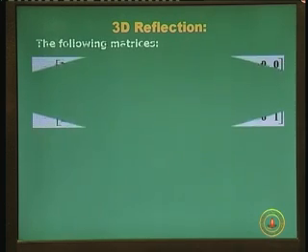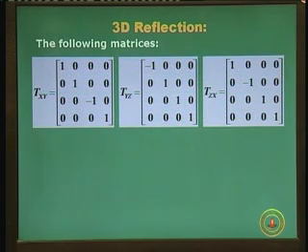linear transformations, and the upper submatrix T is responsible for the linear transformation. So we will look at reflection matrix, and the following matrices are responsible for reflection. Now you remember when we talked of reflection in 2D, we talked about reflection about a line. Okay. And here in 3D we actually talk about reflection about a plane.